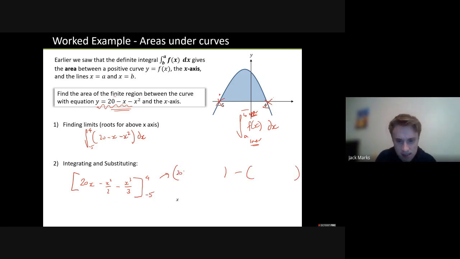So you get 20, lots of 4, minus 4 squared over 2 minus 4 cubed over 3. Okay, that's the 4. You do exactly the same again for the minus 5. And the advantage of putting this in brackets here is you're not going to make any sign errors or mistakes. And actually, if it's numbers, your calculator will simplify it for you quite nicely.